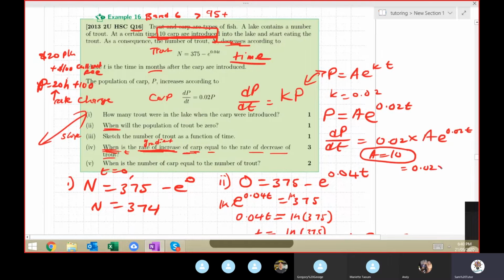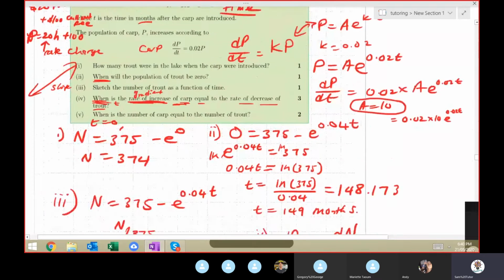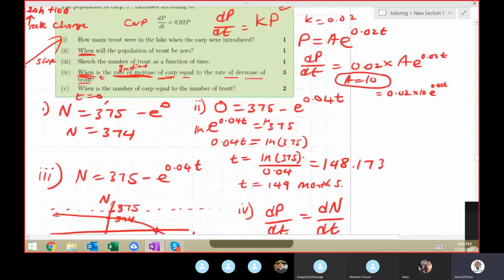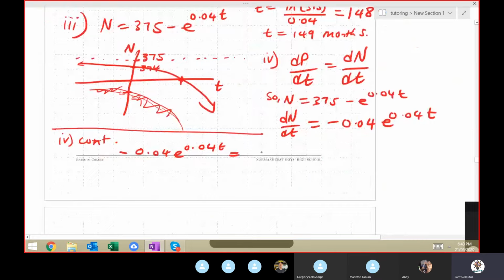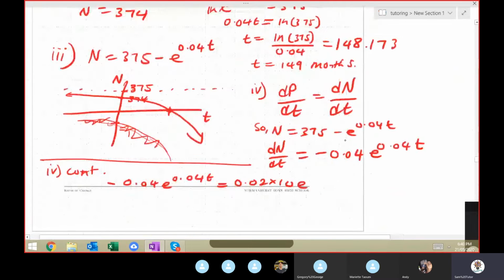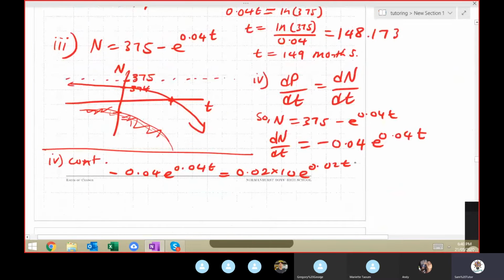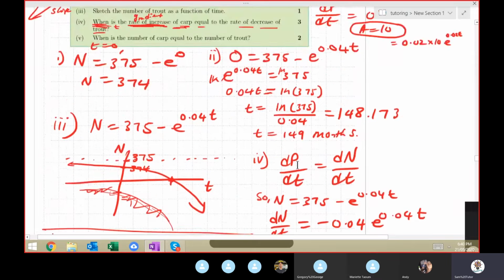So it's 0.02 times 10 e^0.02t. You guys get that? I might redo that question because I've gone all over the place with that. So let's redo that one.